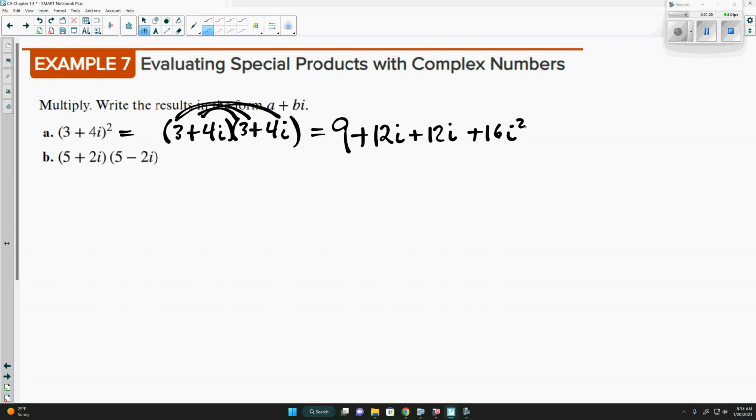And at this point here, we'd simplify. Well, we do have that these are like terms. And what do we know about the i squared? It is -1. And again, when we went through this in Algebra 2, a lot of times when we're going through the first time, we would rewrite this back out as 16 times -1. But we know 16 times -1, it's still going to be 16.